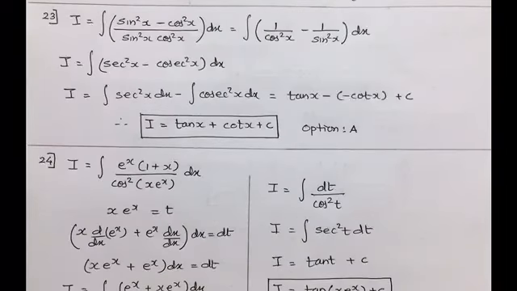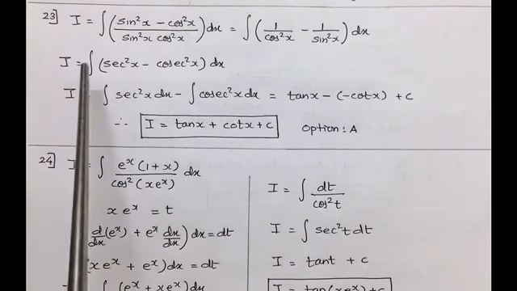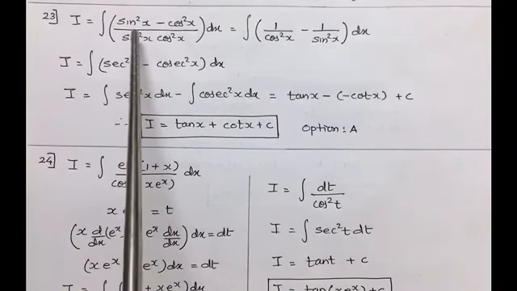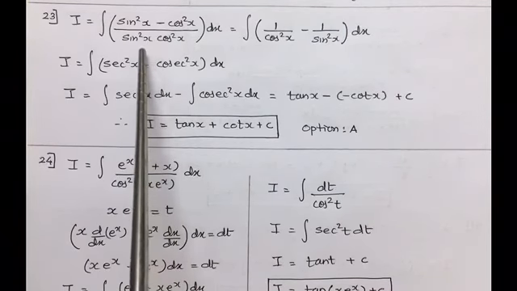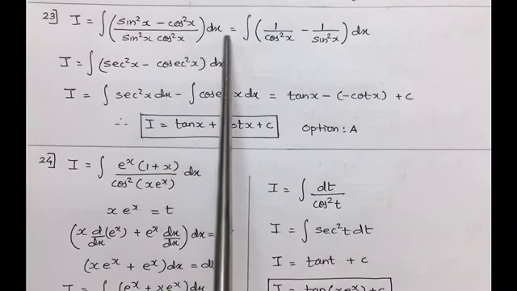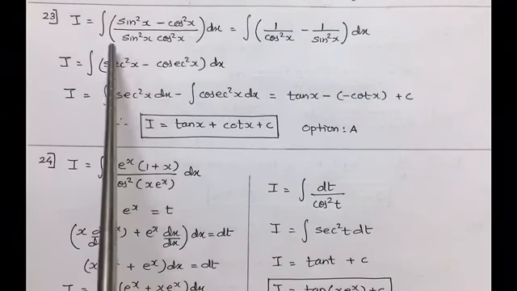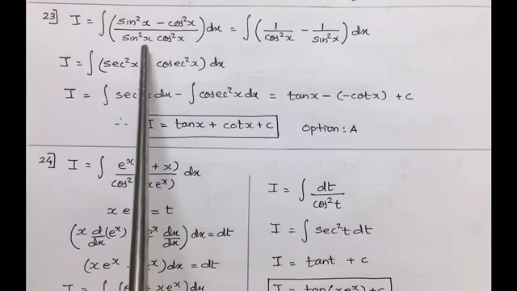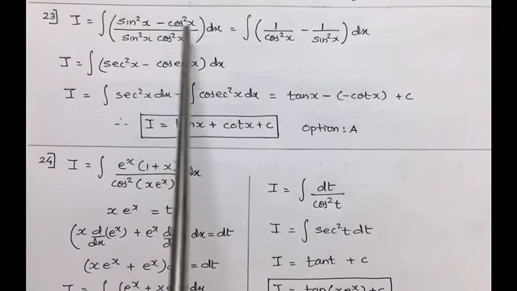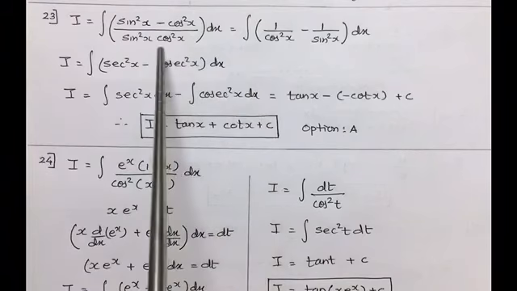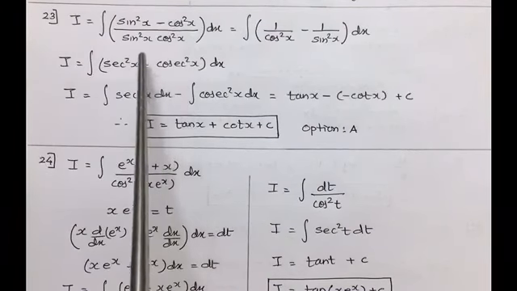23rd is an MCQ. The integration given over here is sin square x minus cos square x upon sin square x cos square x dx. Now the very first step itself is dividing both the terms in the numerator separately with sin square x cos square x.